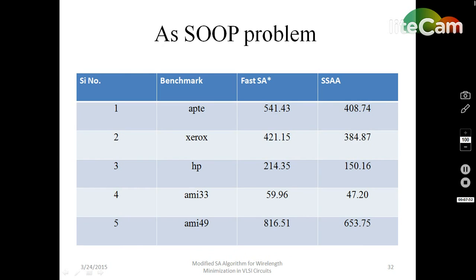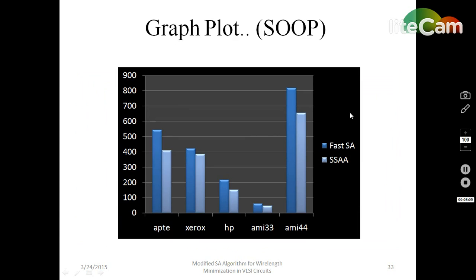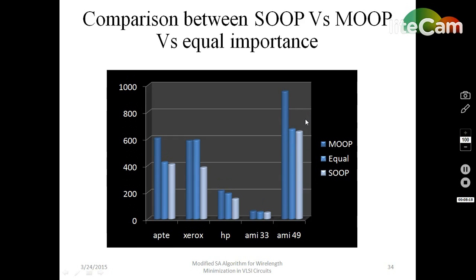The next is considering this problem as a single objective optimization problem, where only wire length is taken into account. As usual, the FSA value I have taken from the literature. In the graph plot, we could find that the spheroidizing simulated annealing algorithm has minimized every respective problem, and a considerable amount of minimization has taken place in every problem.